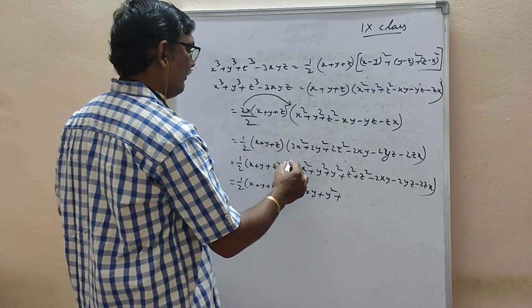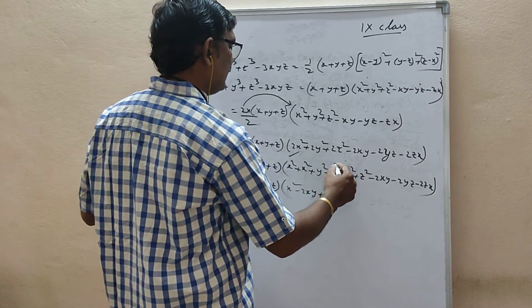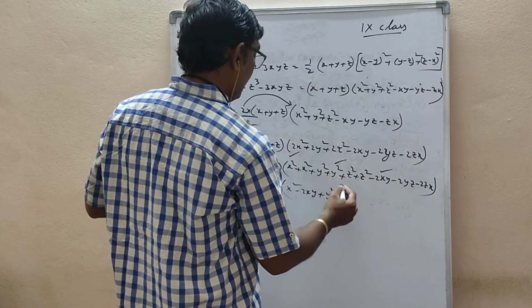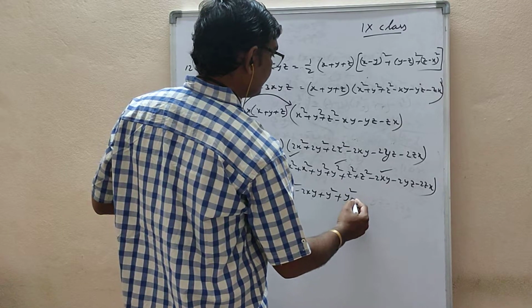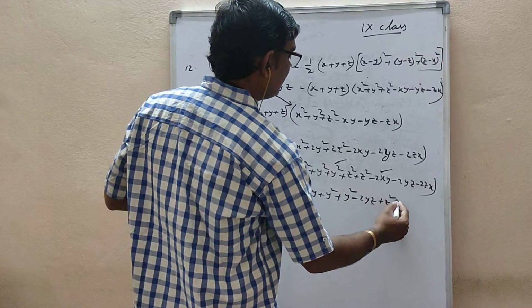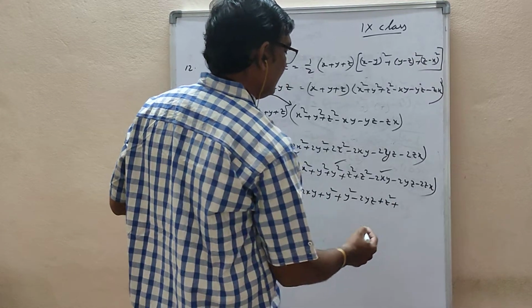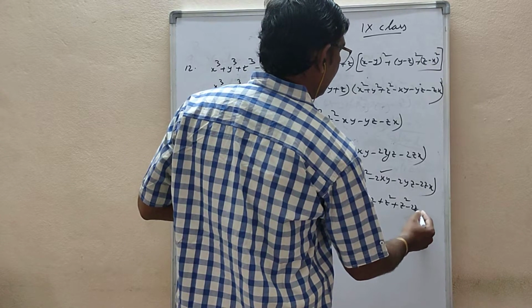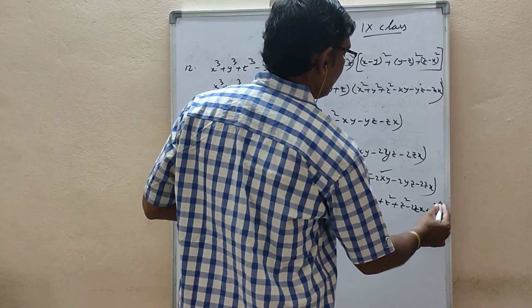See here, 1 x square I wrote, 1 y square I wrote, minus 2xy. Then again 1 more y square, minus 2yz, 1 z square. Again 1 z square, minus 2zx, 1 x square.